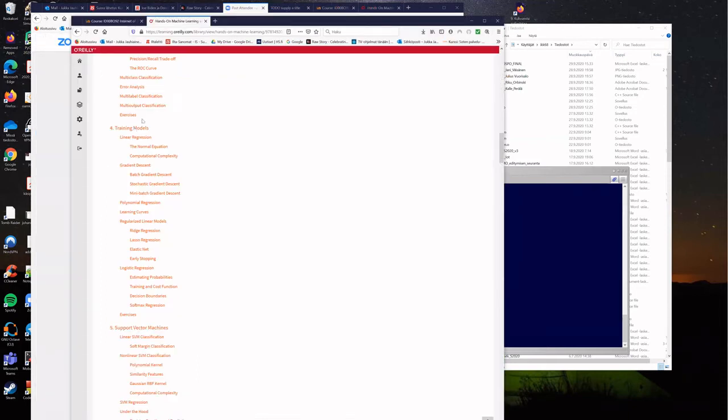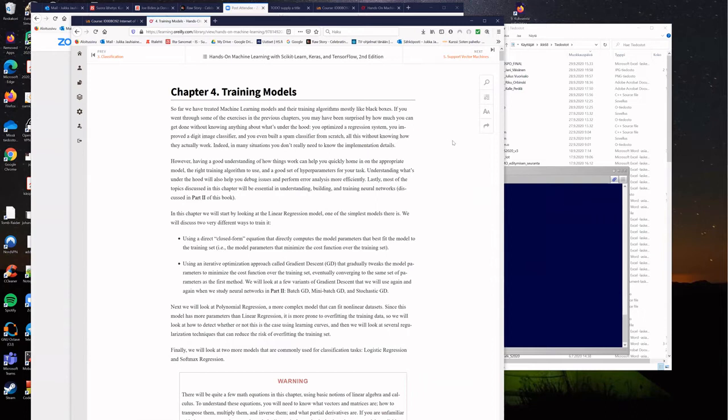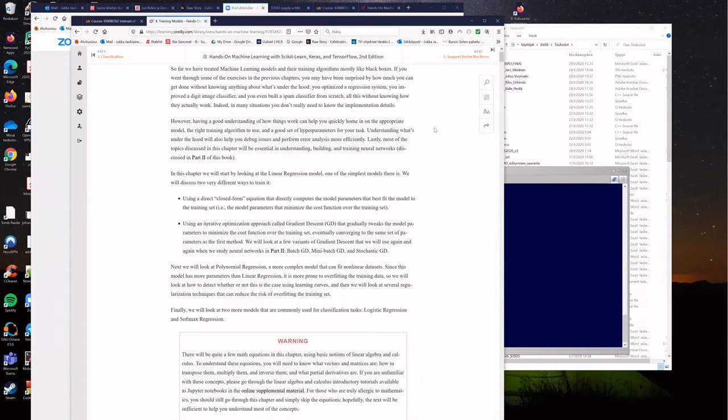But we go to training models today. We discussed last time the gradient method and such things, but we go a bit deeper today.